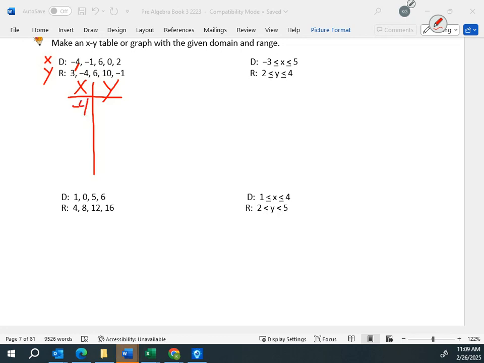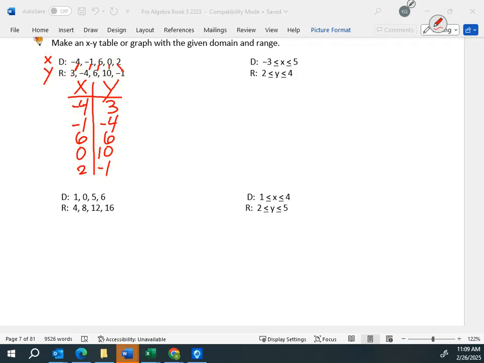So -4 connects with 3, -1 connects with -4, 6 connects with the 6, 0 with the 10, and 2 with -1. So it is important that you line them up, the X with the Y that it goes with.